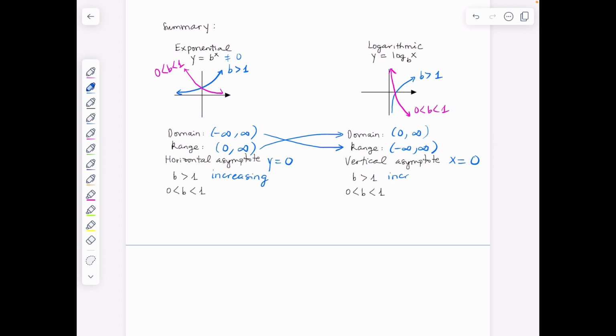So it's also experiencing an increase. Now pay attention to the pink graph. That's where b is between 0 and 1. In the exponential function, the graph is decreasing. And the pink graph in the logarithmic function is also decreasing, as the pattern goes down from left to right.